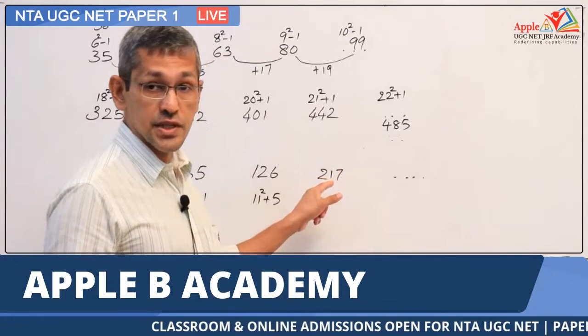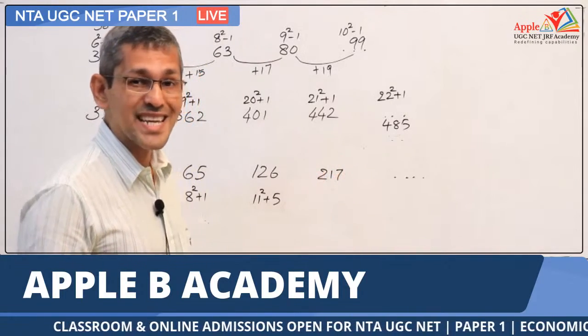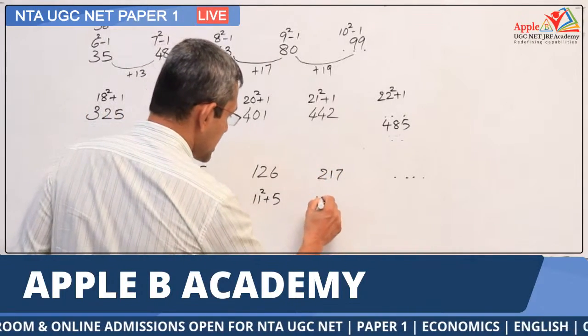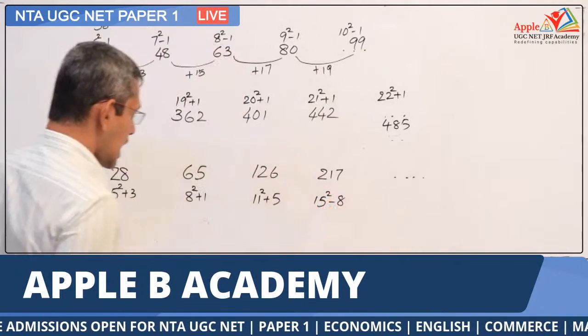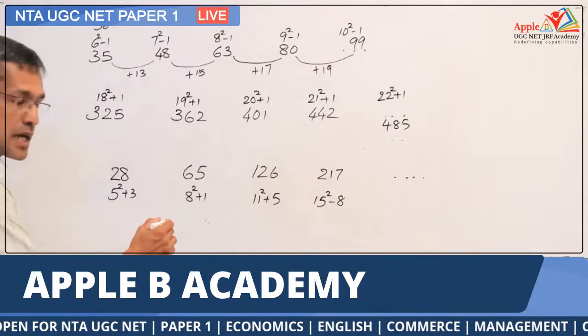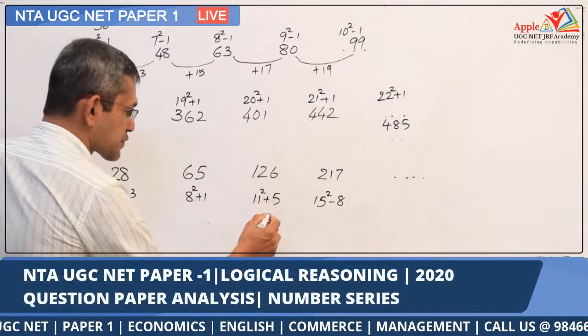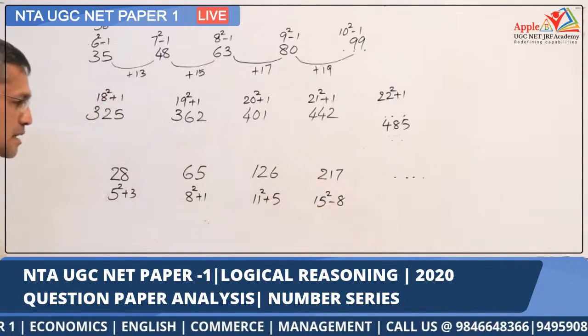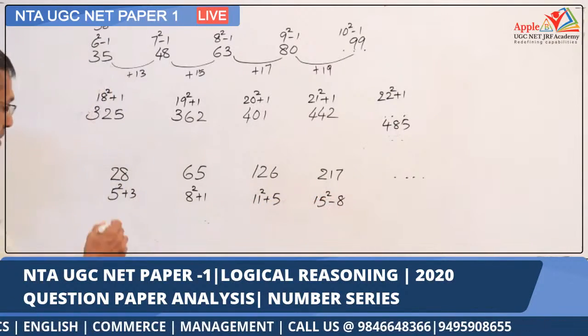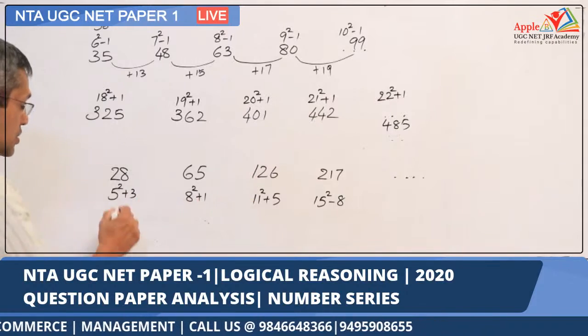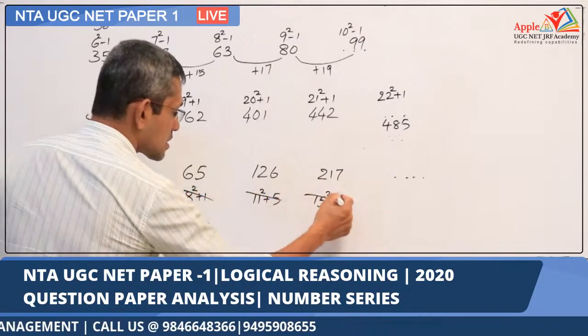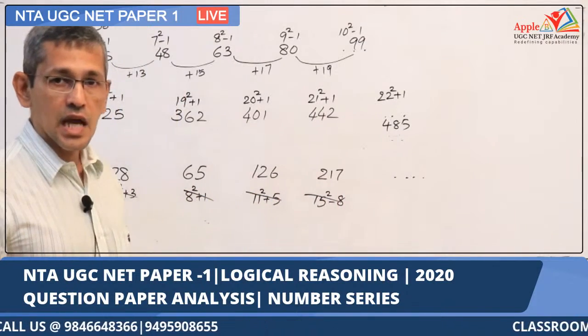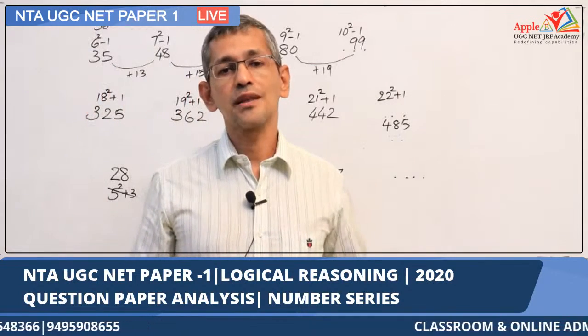What is the difference? 8 is the difference. So it's 15 square minus 8. However, 5 square plus 3, 8 square plus 1, 11 square plus 5, 15 square minus 8 doesn't make any pattern at all. So the squares don't help us to get the answer.